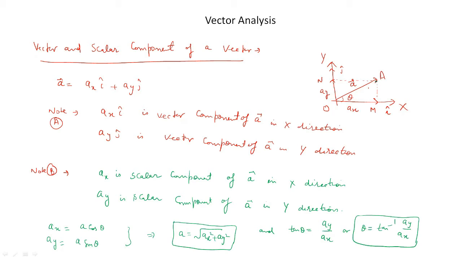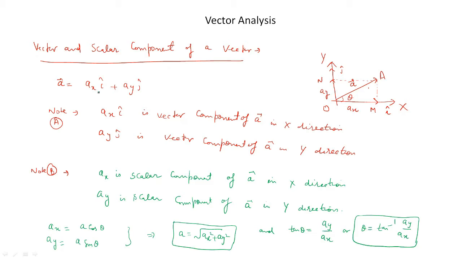Now if we draw perpendiculars on the OX axis and OY axis from point A, then those will be equal to OM and ON. OM is called the scalar component of vector A along x-axis and ON is called the scalar component of vector A along y-axis.